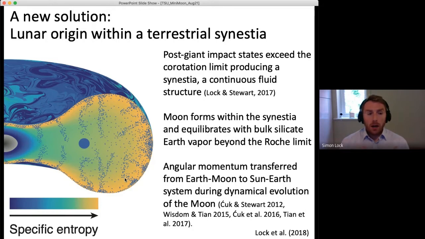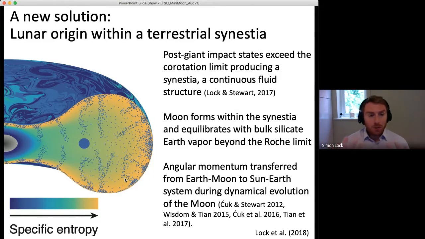This body is initially so large after the impact that as it cools and condenses, the Moon forms inside the vapor of the synestia, inside the vapor of the Earth, and so naturally acquires both its composition and its moderately volatile element depletion. And then after the impact, you have angular momentum transfer from the Earth-Moon system to the Earth-Sun system in order to reproduce the Earth-Moon system's current orbital properties. So this is the story I'll be telling you today.